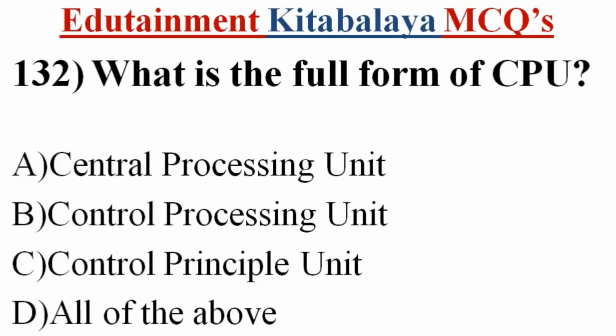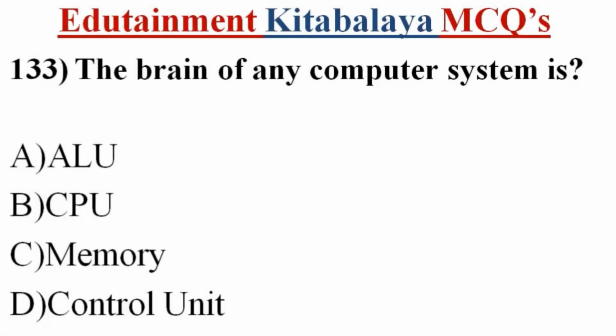B. Control Processing Unit. C. Control Principal Unit. D. All of the above. Correct answer is A. Central Processing Unit. Question number 133. The brain of any computer system is? A. ALU. B. CPU. C. Memory. D. Control unit. Correct answer is B. CPU.